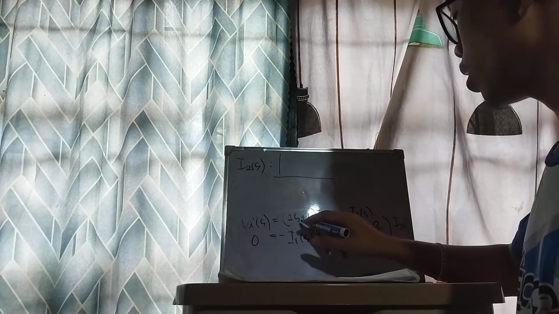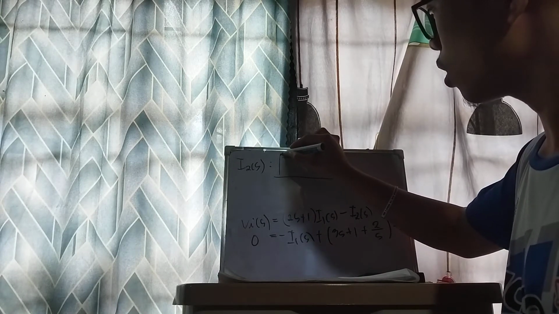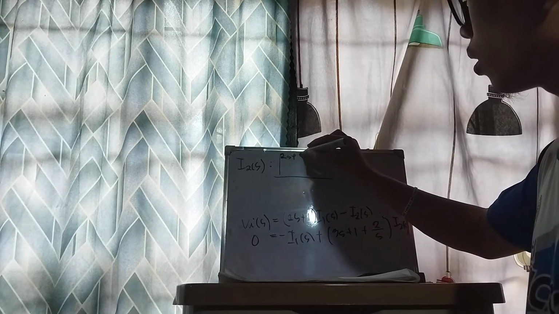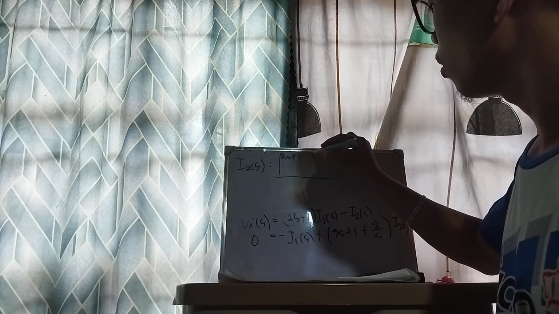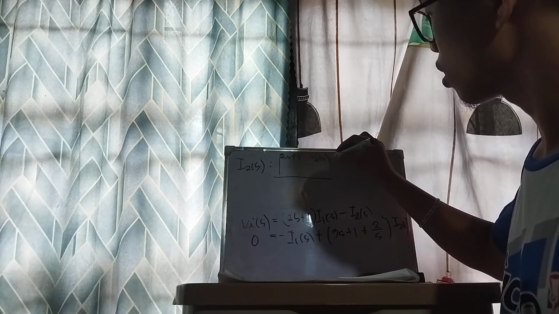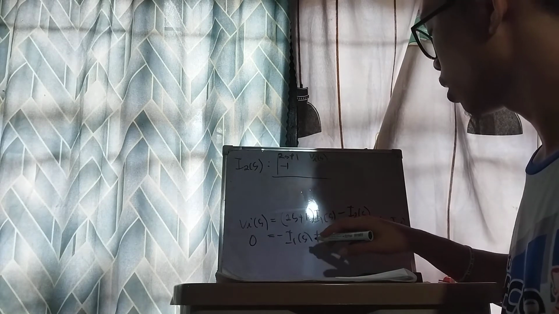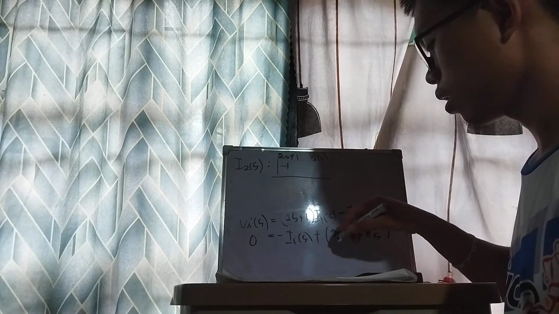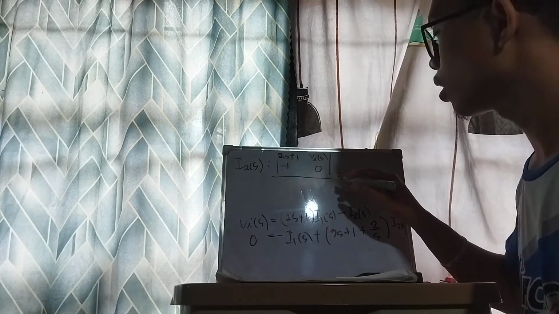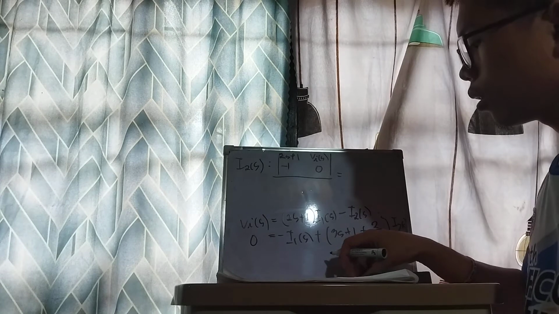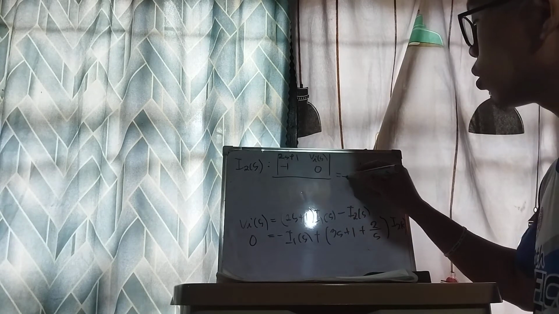We have here 2S plus 1, and VI of S, and negative 1 and 0. If we calculate that determinant, the numerator will have the value of 1.